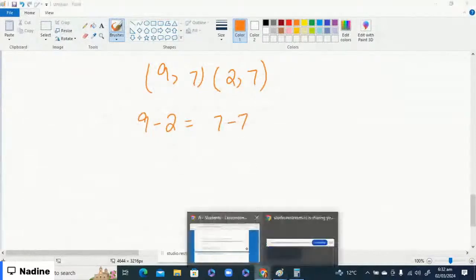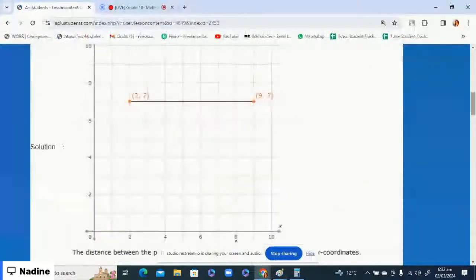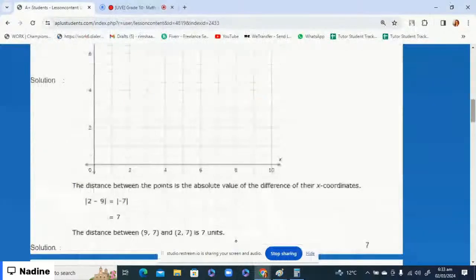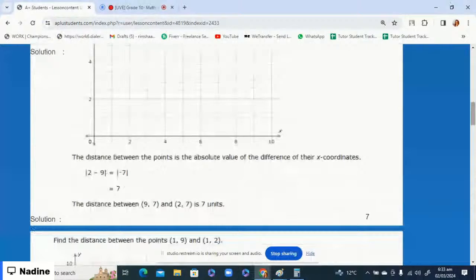Now for 2 minus 9, for this one, first minus second. The distance between the points is the absolute value of the difference of their x coordinates. Absolute value of the difference of their x coordinates only. So 2 minus 9 and taking the absolute value. What is the meaning of absolute? If your answer is negative, then you turn it into positive.